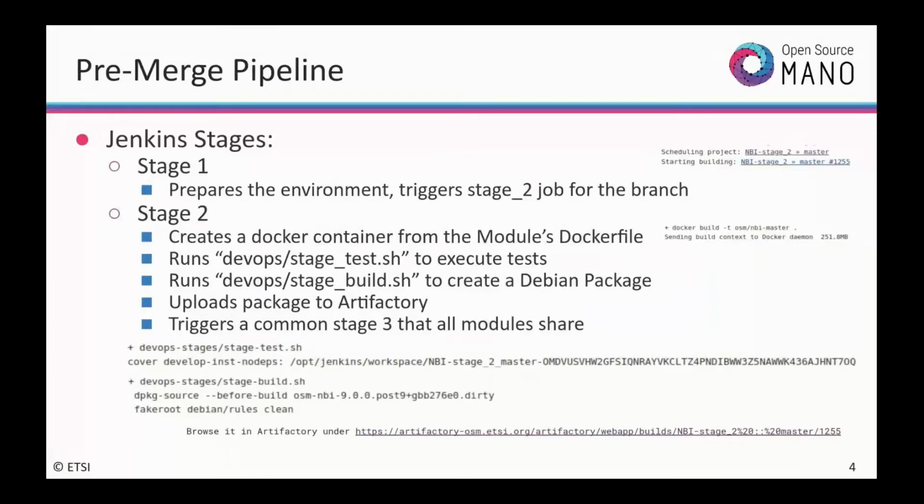Each module will have a top-level Docker file, and it is used for the sole purpose of executing tests and creating the package for it. So it runs this DevOps stage test in the Docker file, and it runs DevOps stage build, which will create the Debian package of the software, basically the Python libraries, the Python source code that was changed.